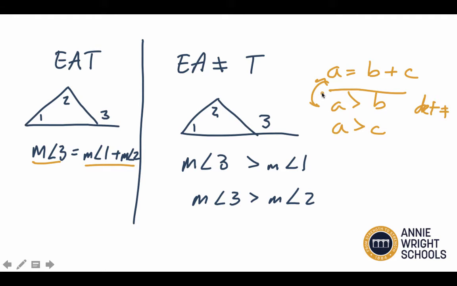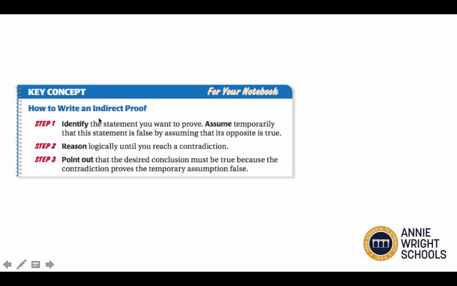Good? The other thing we're going to talk about in this last unit is a way of proving things to be true by not actually proving it directly. So it's called an indirect proof. The way an indirect proof works is you are going to identify whatever you're trying to prove, and there's an assumption that whatever you're trying to prove is false.